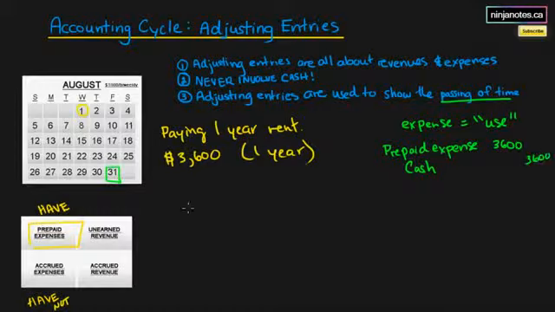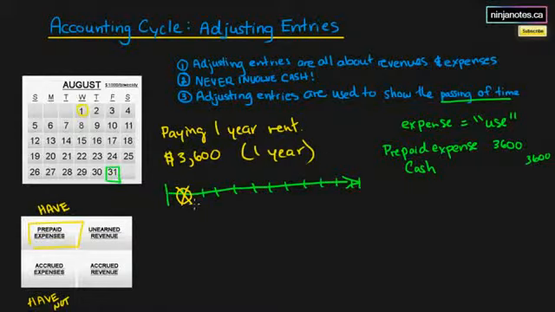Now 1 month goes by, so if we think about a timeline, we have 1 year, right? So we have 1, 2, 3, 4, 5, 6, 7, 8, 9, 10, 11, 12, right? And we're at this point right now. Just one month has elapsed, so we need to record that we've used 1 month of this rent contract.